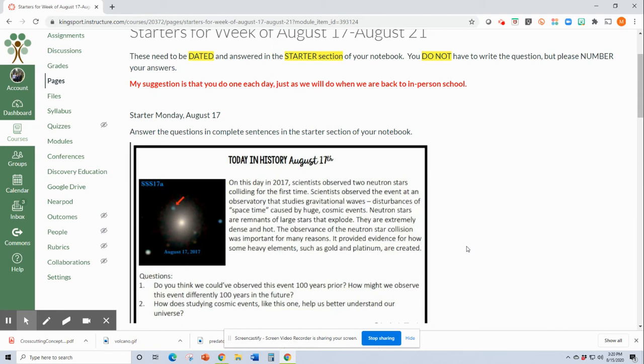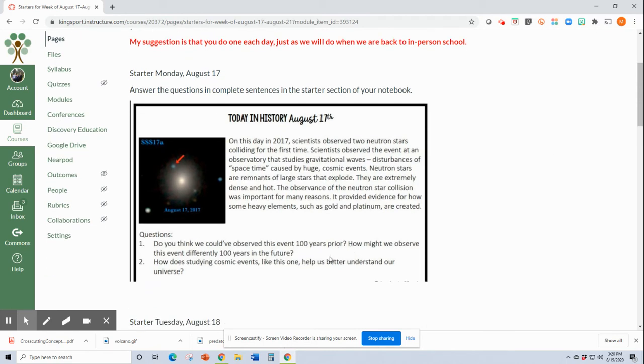And these things called neutron stars are remnants, that means remains, of large stars that explode. They're the leftovers. They're extremely dense and hot. The observance of the neutron star collision was important for many reasons. It provided evidence for how some heavy elements, such as gold and platinum, are created. And then you notice there's some questions, all right?